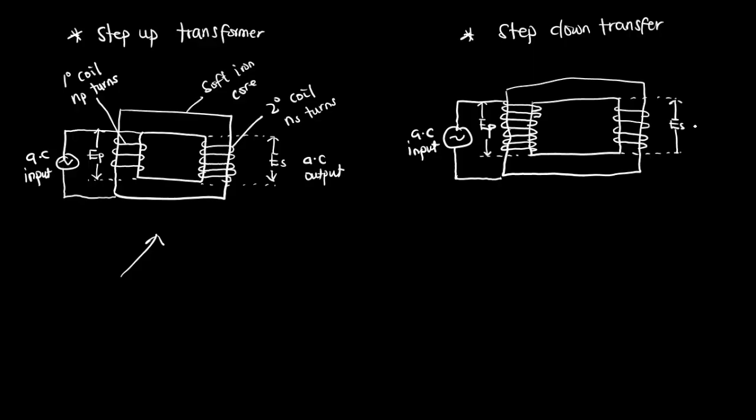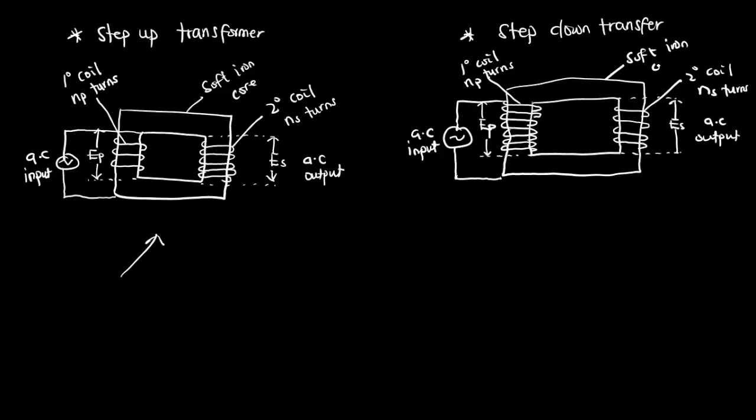Are you okay? And this is also our AC output. These are obviously our secondary coil. These are obviously our primary coil. Now our primary coil has what? NP turns. And then our secondary coil has NS turns.